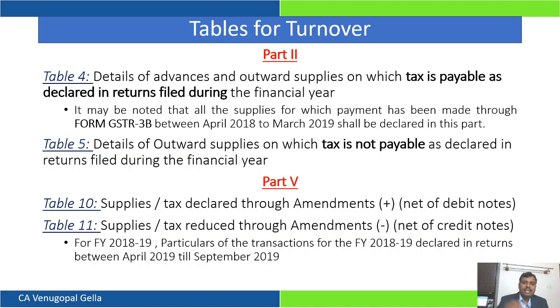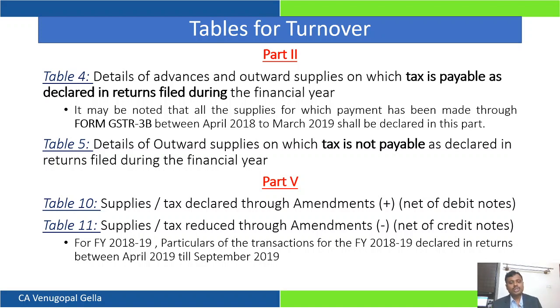So, for financial year 18-19, April 2018 to March 2019, whatever is the turnover which is declared in the returns is reported in table 4. And table 5 is outward supplies on which tax is not payable, like exempted, no transaction, right? So that goes into table 5.